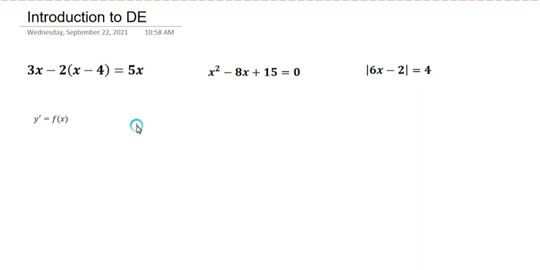In each case, an equation was presented or arose from a word problem, and a certain method appropriate for that particular equation was employed to arrive at a solution.